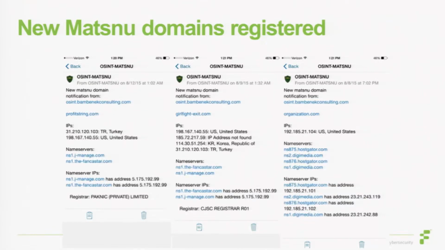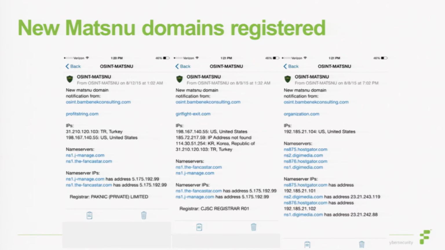And that gives me several pieces of information: the IP addresses it points to, what name servers it's using, what the name server IPs are, and what registrar. The 2 on the left are actual valid MATSNU. The third one on the right, organization.com, is a collision with a real domain. MATSNU being a word list DGA eventually collides with actual real domains because it's based off of real words.